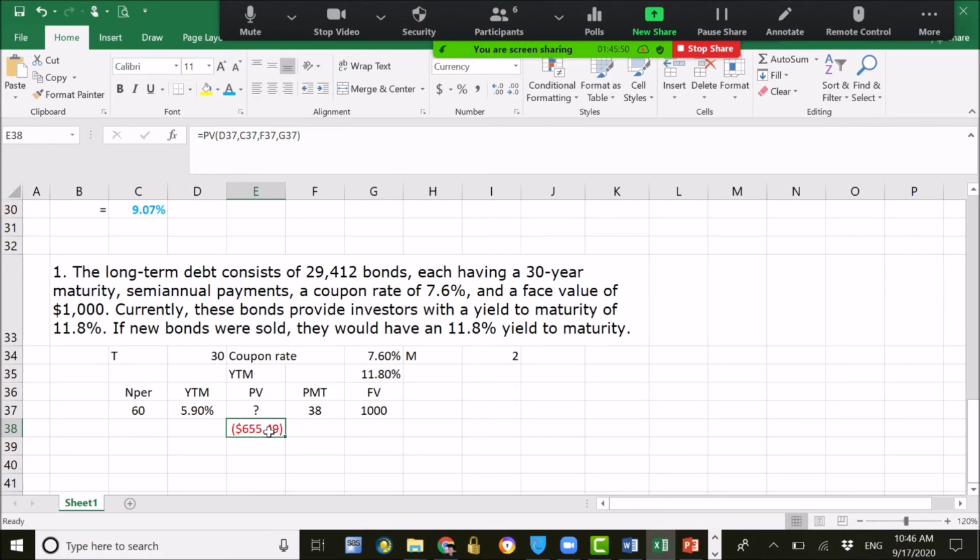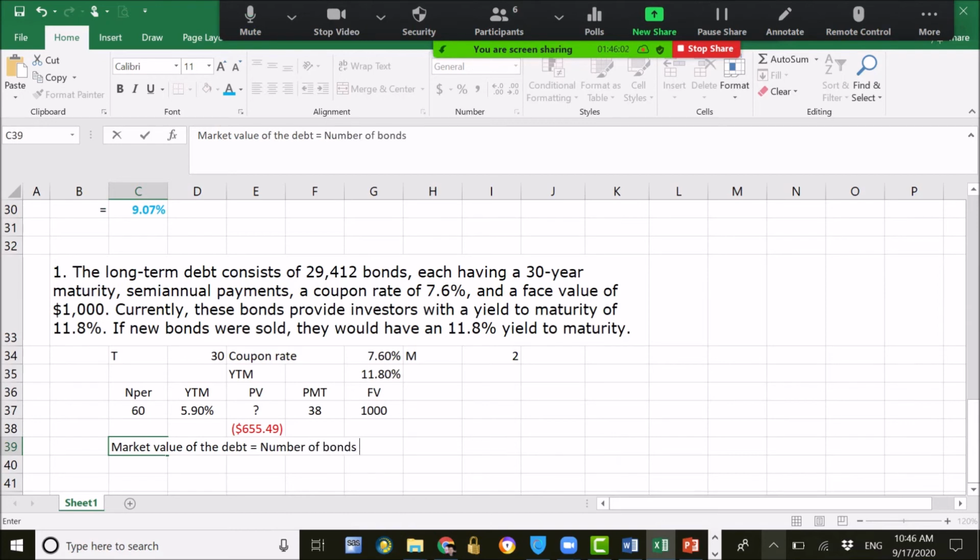We're just going to multiply it: the number of bonds times the price. I'm going to put debt, so in this question we have 29,412 times this number. It has a negative sign, so I'm going to put a negative sign to remove that.